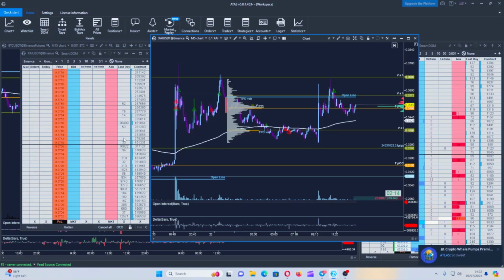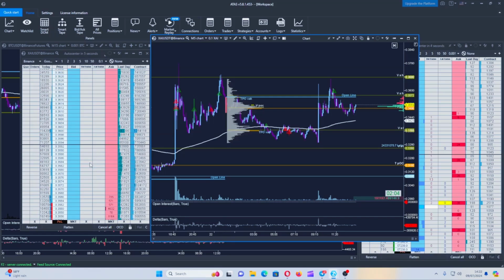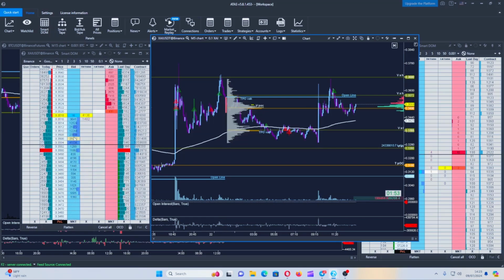There's all these big ones here at the previous day. Big buyers and sellers all combined in there. So then we'll go back down to this area. These are all the sellers that are waiting to get filled. These are all the buyers waiting to get filled. And that's how you'll use the order book and how you can trade the range.